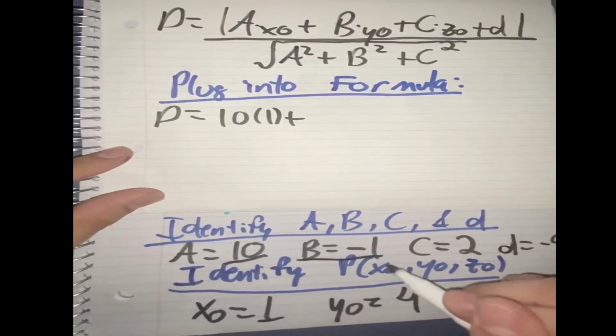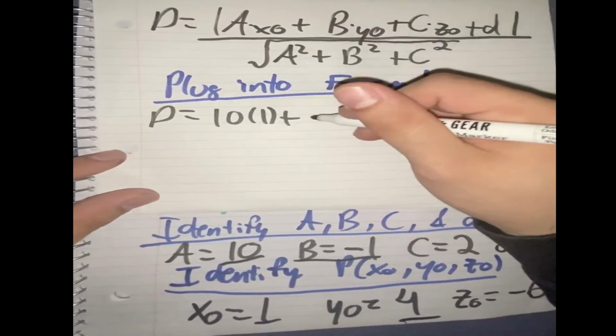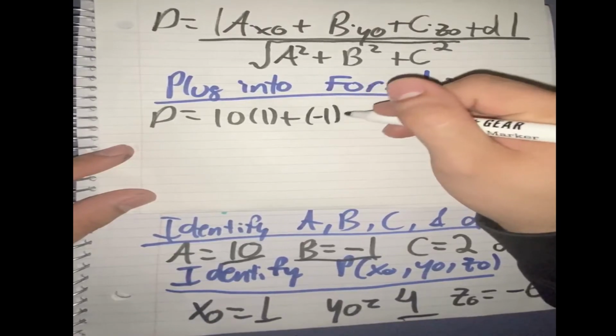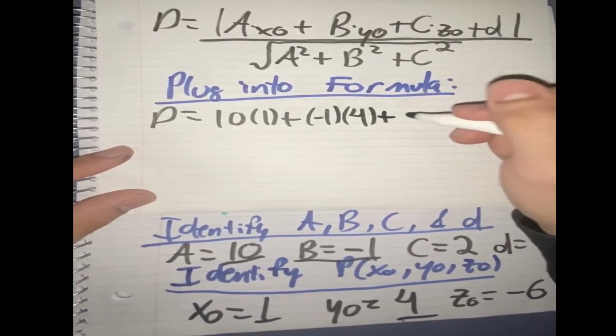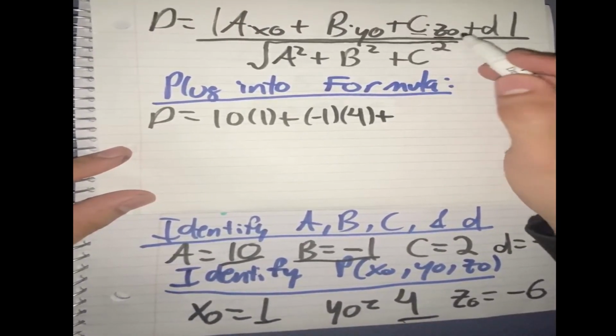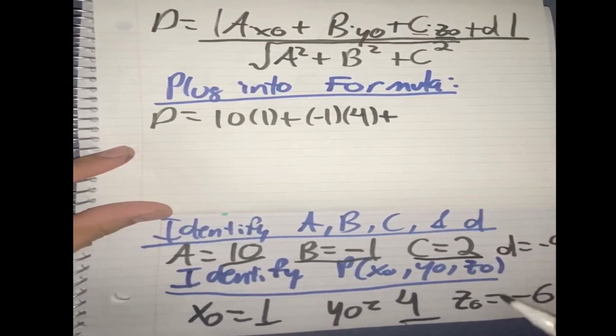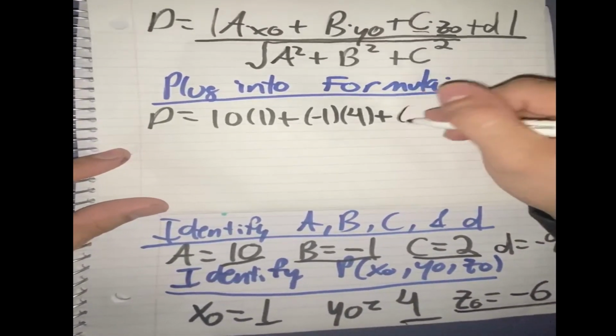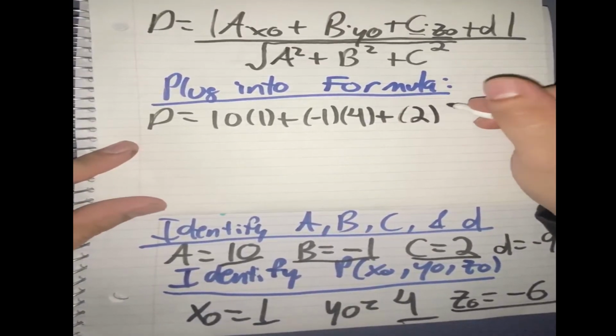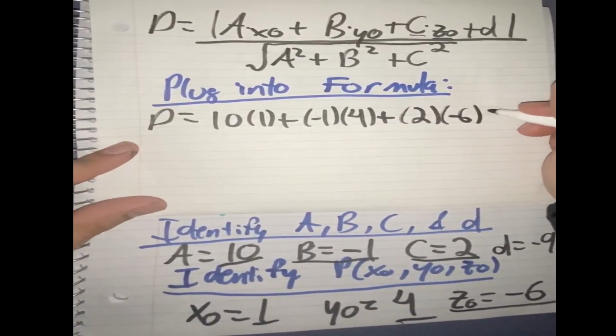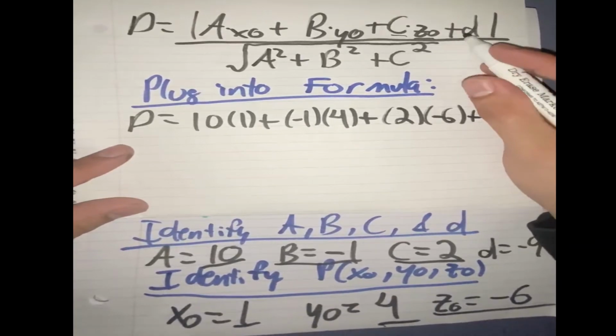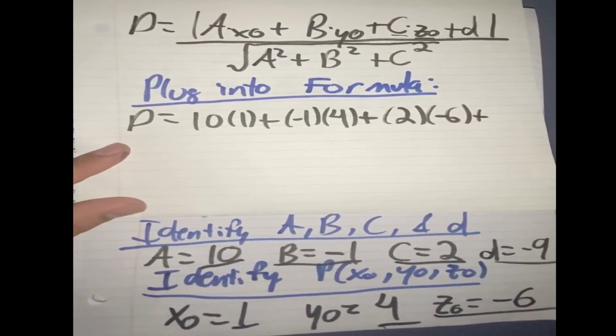So B is minus 1, Y naught is 4. So minus 1 times 4, plus C times Z naught. So C is 2 and Z naught is minus 6. So 2 times minus 6, plus our D. And our D in this case is minus 9.